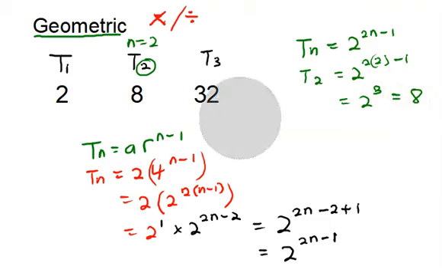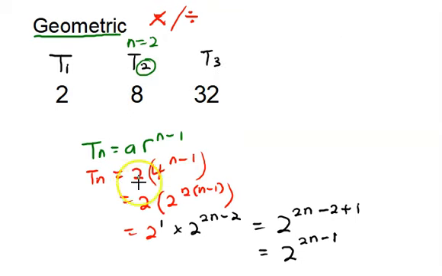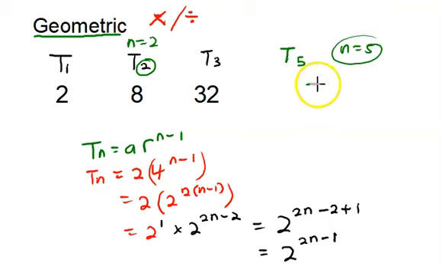Okay, now let's say we are looking for another term, which is term number 5. We just have to replace the n with 5. So here we have 2 to the power of 2 multiplied by 5 minus 1.